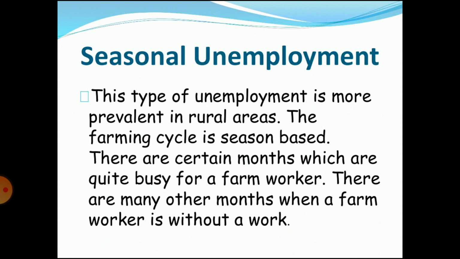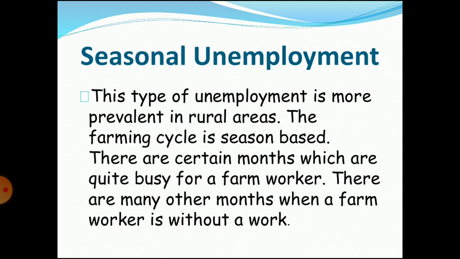So, obviously, mostly in rural areas, what we see is that every year during the farming season the farmers are busy on their farming fields, but most of the time they remain unemployed. That means they remain without any work.